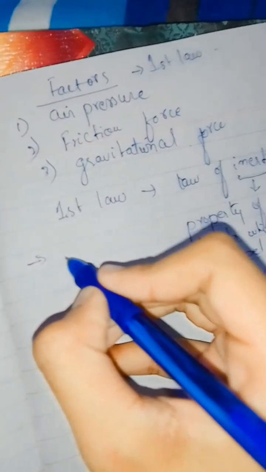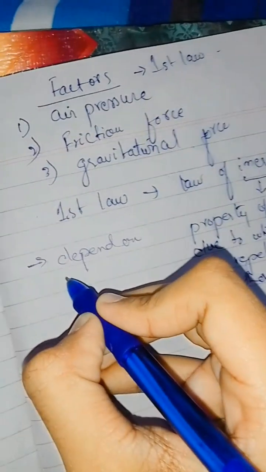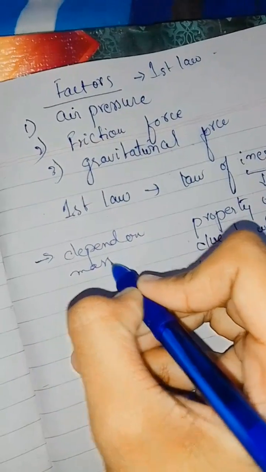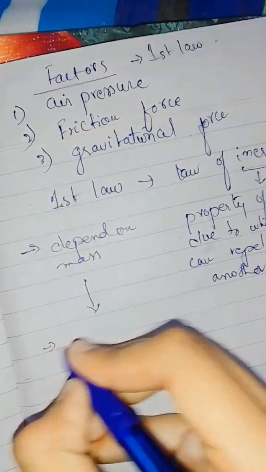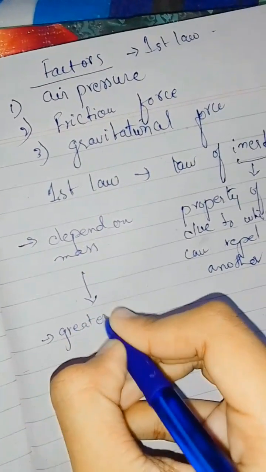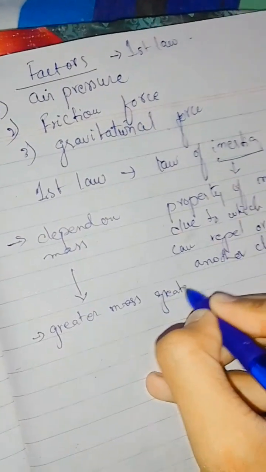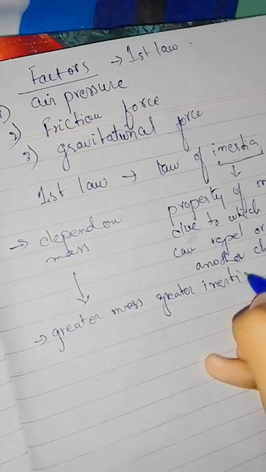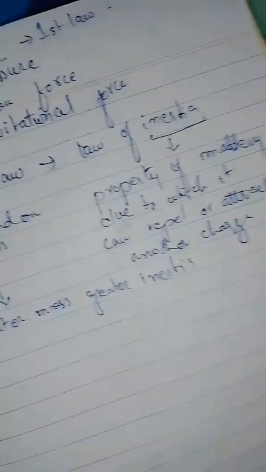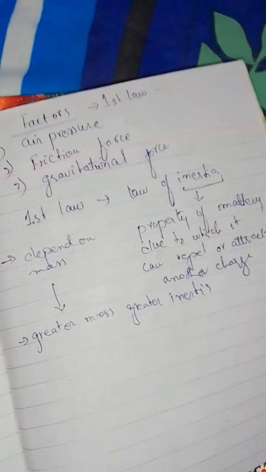As I said, inertia depends on mass. If there is a greater mass, the inertia will be greater as well. We can say that inertia is directly proportional to the mass. If the mass is greater, the inertia will be greater.